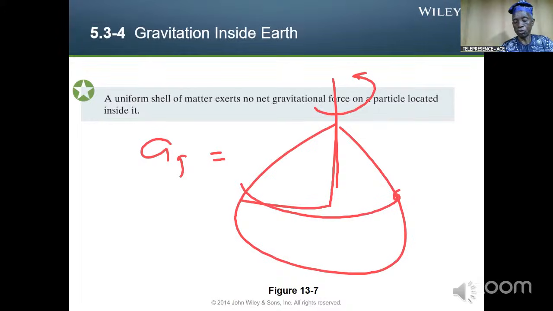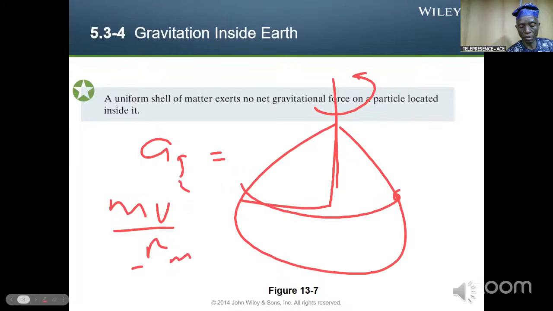That force we know to be m v squared over r, which boils down to m omega squared r. We saw that.